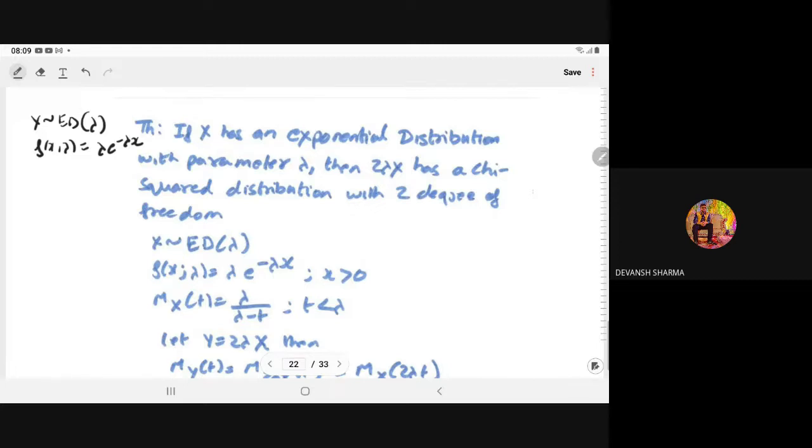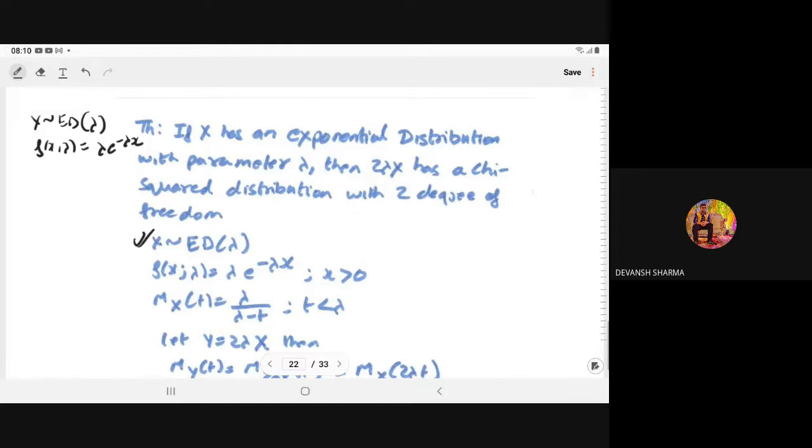Then you have to determine that 2 lambda X has a chi-square distribution with degree of freedom 2. So it is given to you that X follows the exponential distribution with parameter lambda.